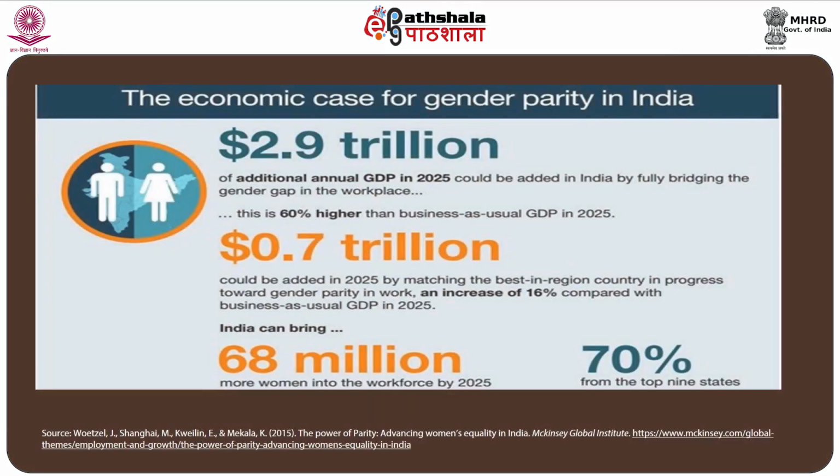We can accomplish an increase of 70% in GDP by just increasing women's employment by 10 percentage points, from 31% to 44% by 2025. Just reducing the gap in one form of gender gap, that is employment, is able to increase the Indian GDP by up to 70%, which is a huge economic boost for the country.